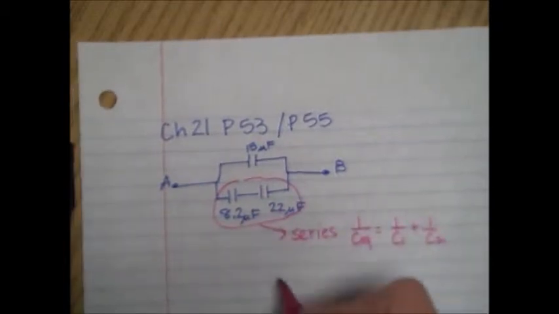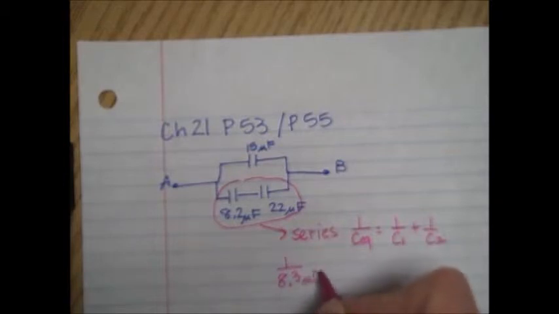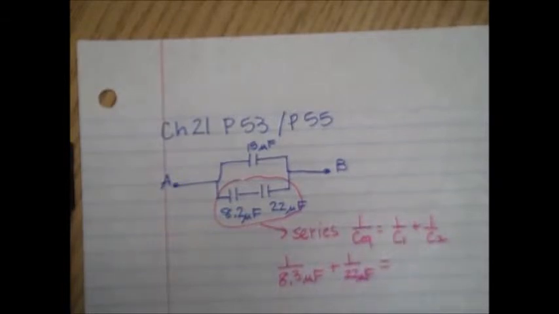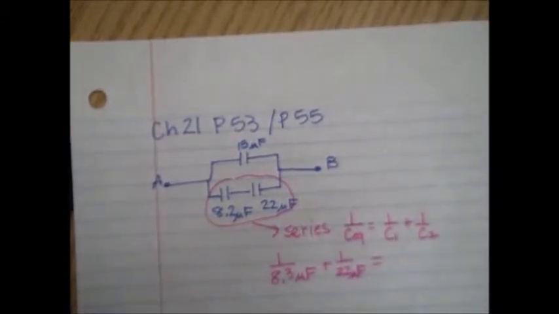So this side would be 1 over 8.3 microfarad plus 1 over 22 microfarad. A lot of times, just a hint, you could keep the micro in there and then just know that your answer will be in units of microfarads.